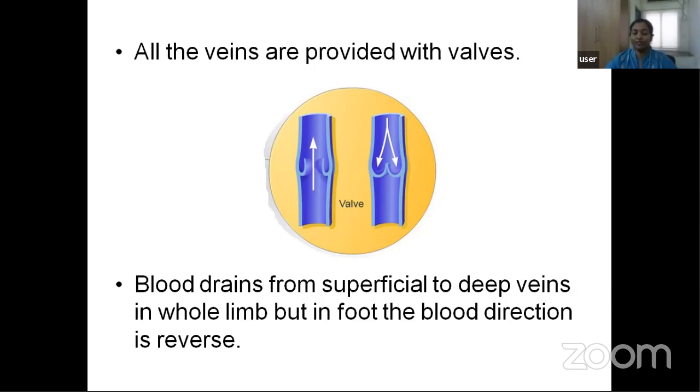But only in the foot region, it is in a reverse direction. The blood will go from deep to superficial. Okay, it's only in the foot. Only in the foot region we have this different aspect. But in the whole of the lower limb, the blood will be draining from the superficial to the deep.